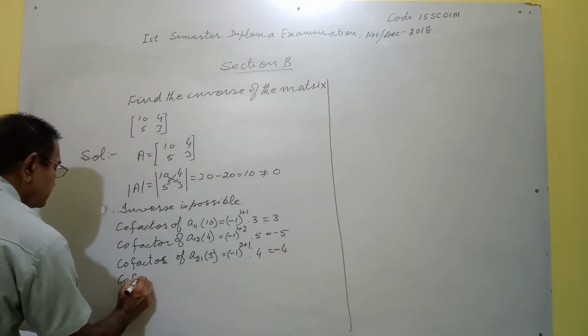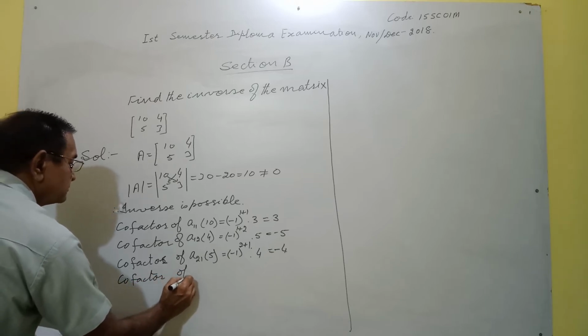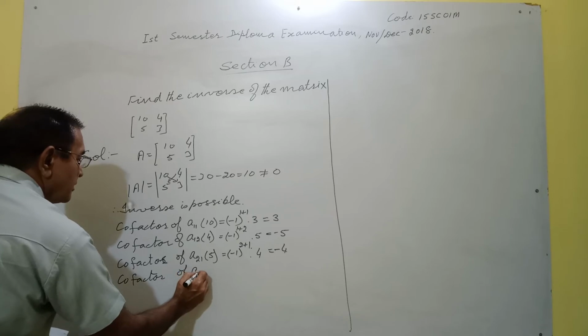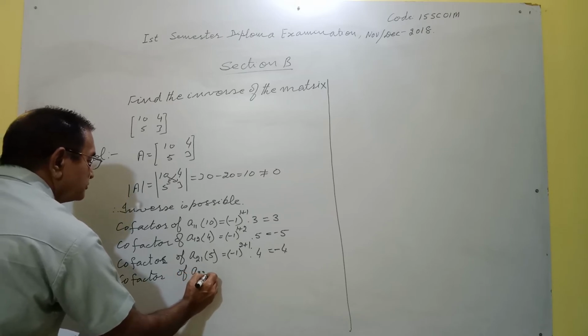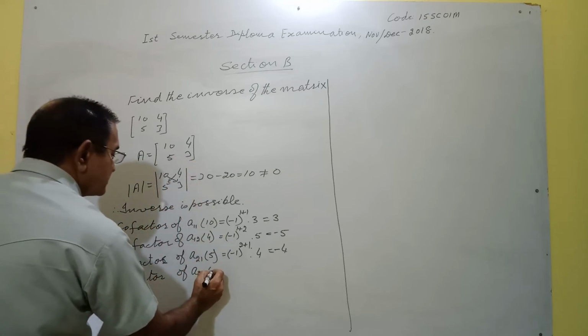Cofactor of A22, second row, second column, that is 3.